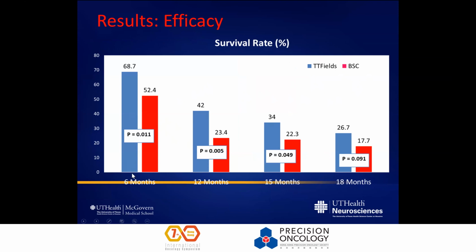In every one of the 4 time intervals, the TTF group outperformed the BSC group. In the first 3, it's actually statistically significant. But at 18 months, it's comparable, but still better graphically. So in other words, it's not worse.